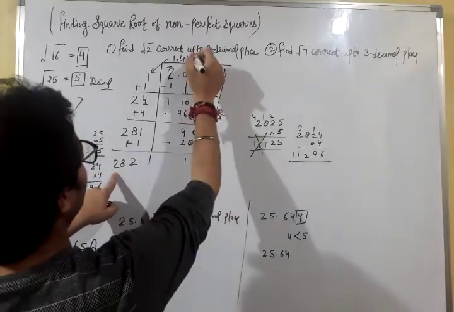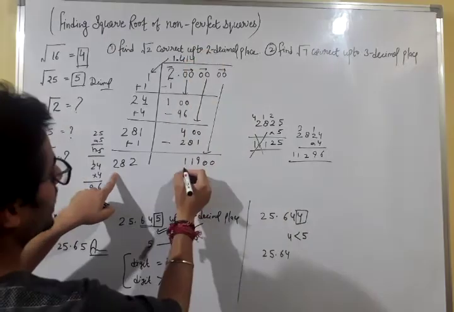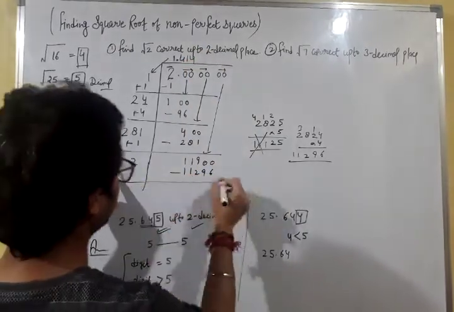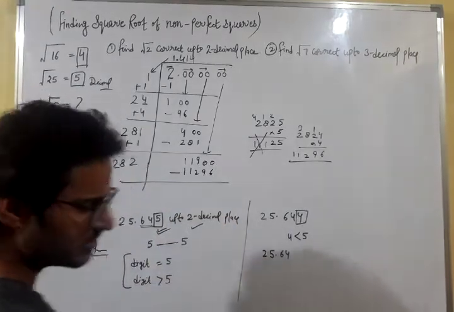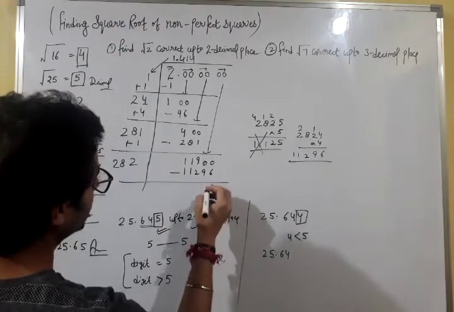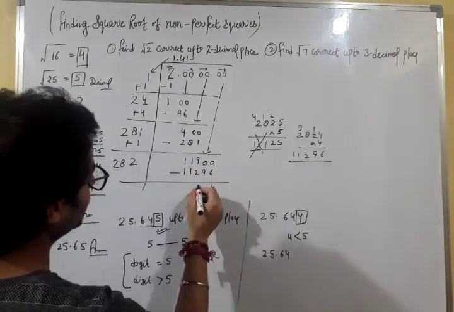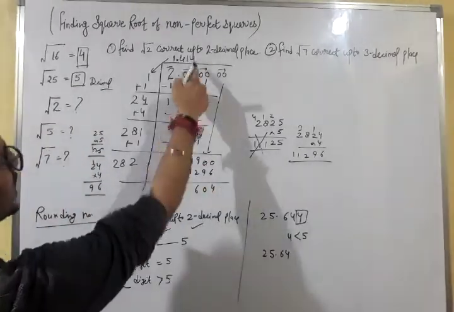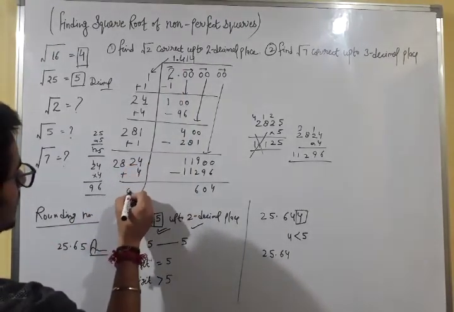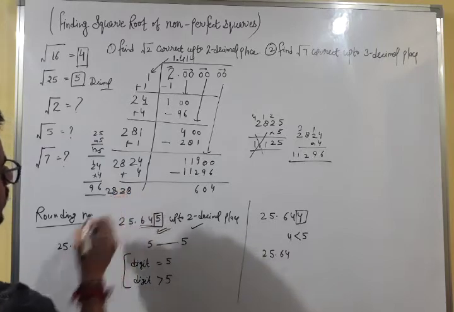Yes, 1.414, and here 11296. We need not subtract here, or if we subtract, then it is not wrong. So we have 10 minus 6, 4, 9 minus 9, 0, 8 minus 2, 6, and we have to add 4 in 4, 8 2 8 2.